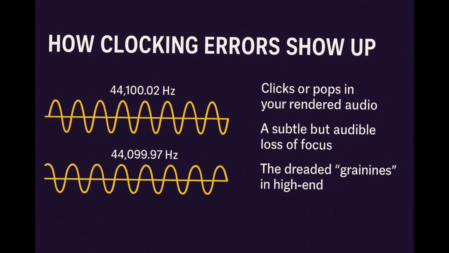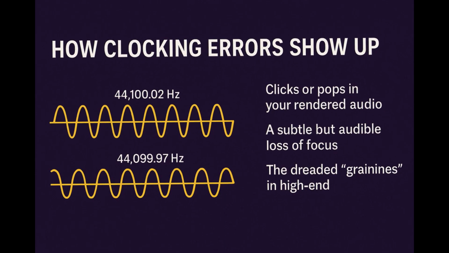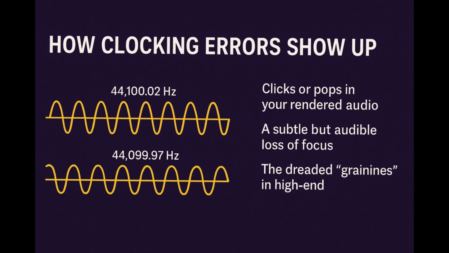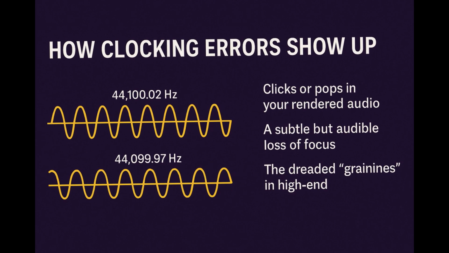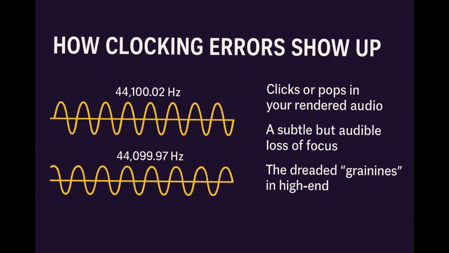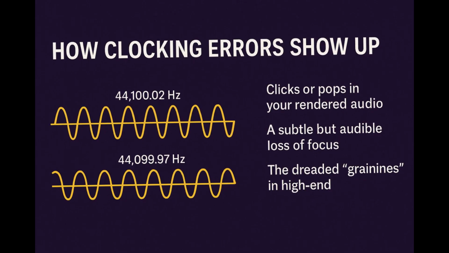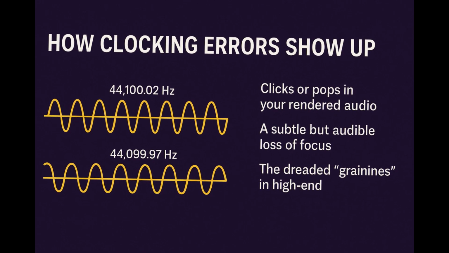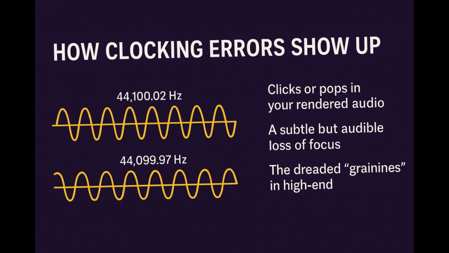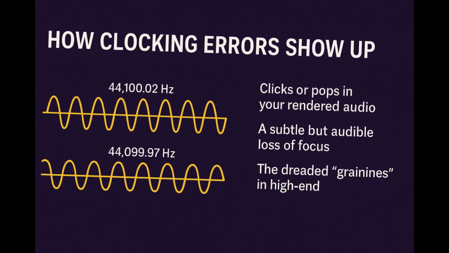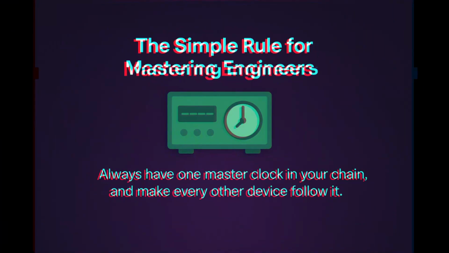In mastering, that can cause clicks or pops in your rendered audio, a subtle but audible loss of focus, the dreaded graininess in the high end. These are not mastering EQ problems, these are clocking problems.